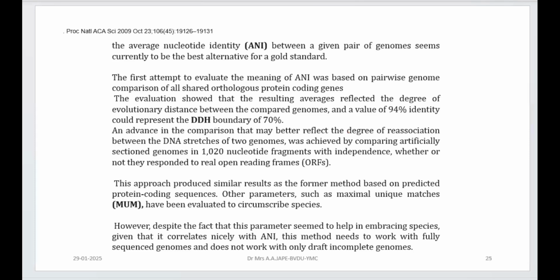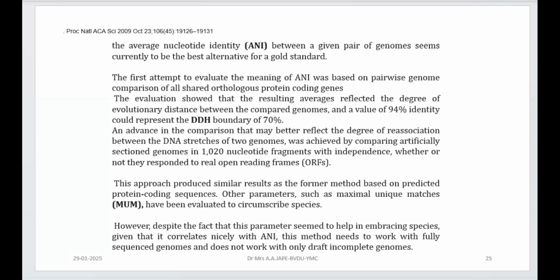We will look into 16S rRNA in detail, but before that, there are other methods which are coming up to replace or complement DDH. One of these is ANI, average nucleotide identity. Between a given pair of genomes, you calculate the average nucleotide identity. With hybridization you get percent identity; here you are averaging the value.